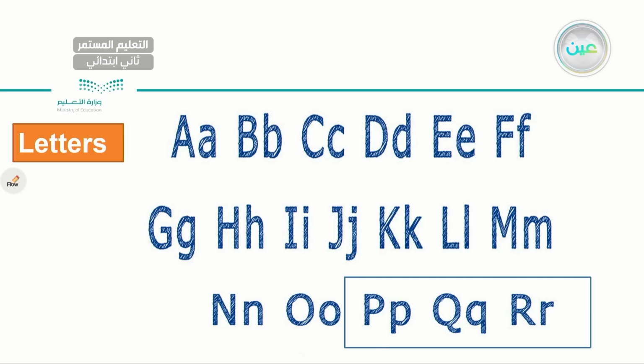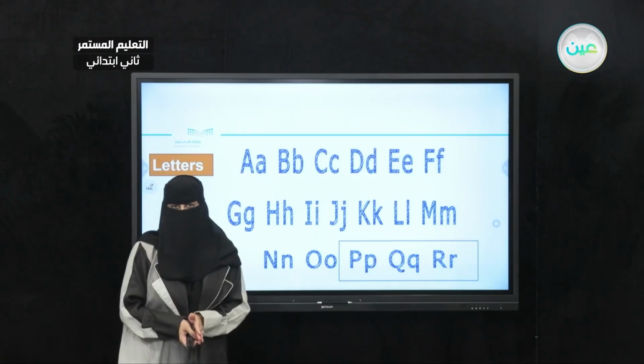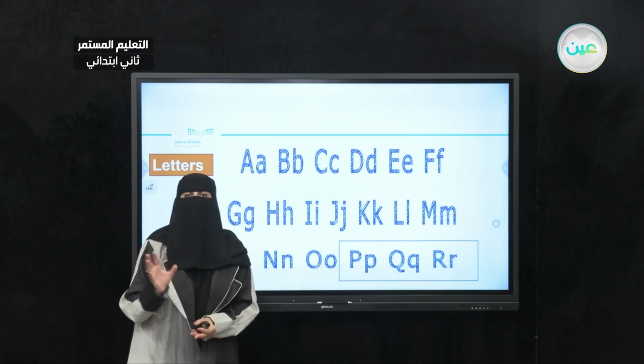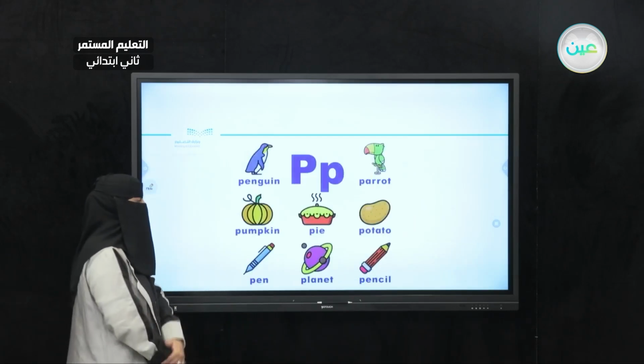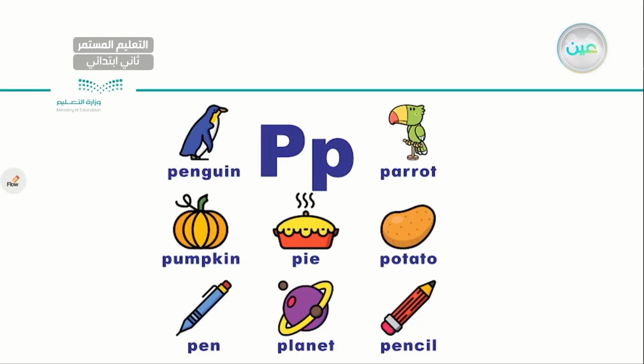Now, we will take each letter at a time. How to write it, some words that start with this letter. Let's start. The first letter here you have P. It's not B as in book, it's P as in pencil or pen. Let's read some of the words that start with this letter.